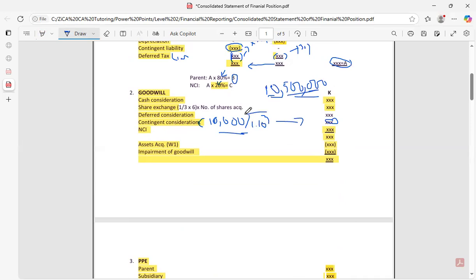So if we say 10,000 divided by 1.10, it's going to give us 9091, right? So the amount that we need to pay next year is 9091, right?